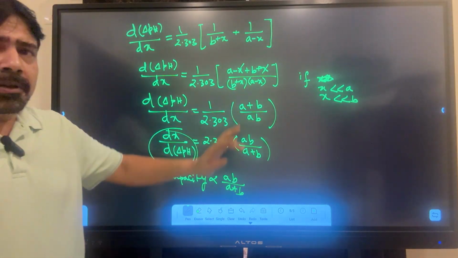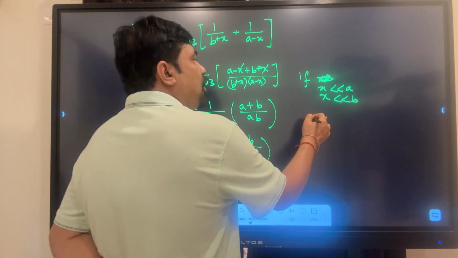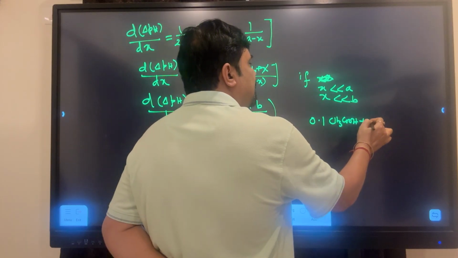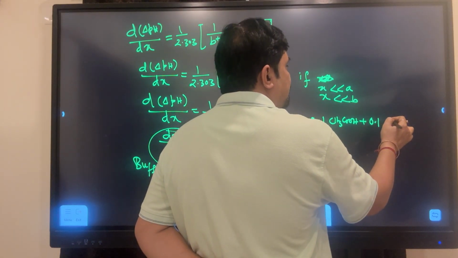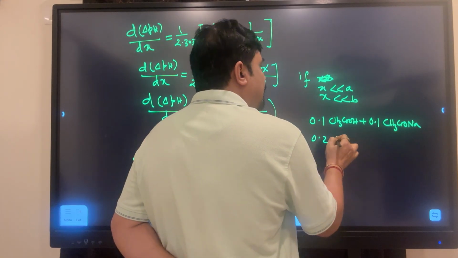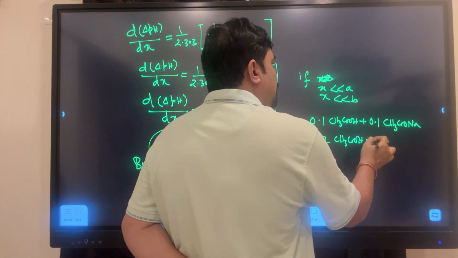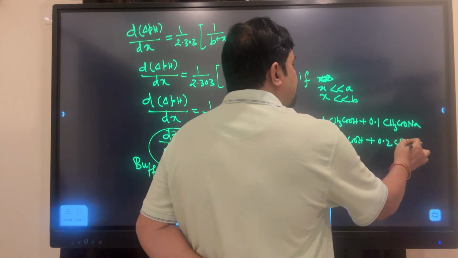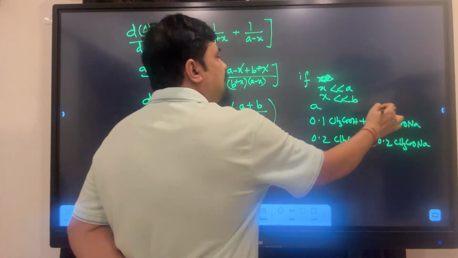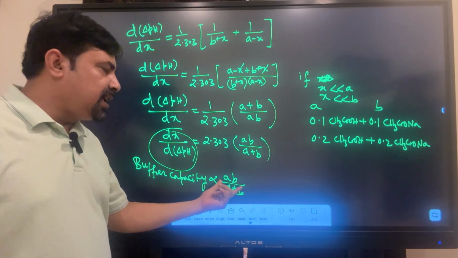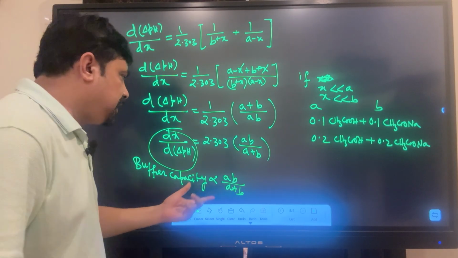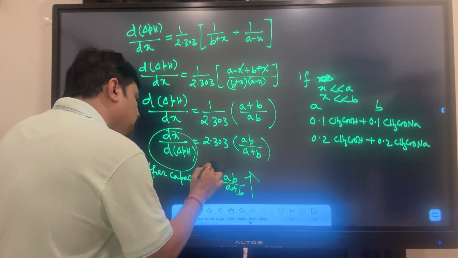So that's why in the initial problem we started, you remember, I told you there are two buffers: 0.1 molar acetic acid mixed with 0.1 molar sodium acetate, and another buffer we took, 0.2 molar acetic acid mixed with 0.2 molar sodium acetate, and I asked you which has more buffer capacity. Now this one is your A and this one is your B. Then what you need to find out is AB by A plus B. If AB by A plus B is more, my buffer capacity will be more.